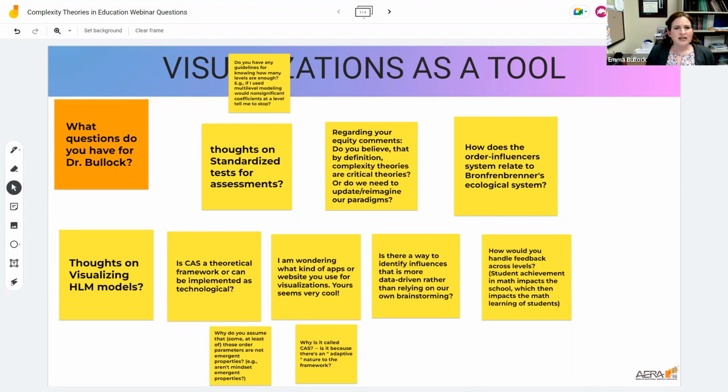Do you have any guidelines for knowing how many levels are enough? I know for us, we stopped at 7 because that seemed like a natural boundary spot, right? In the United States of America, there's a certain culture towards education that embodies the boundary of that system, at least in the context of understanding how to close achievement gaps in urban mathematics settings.